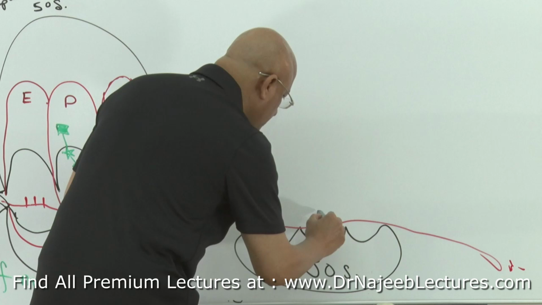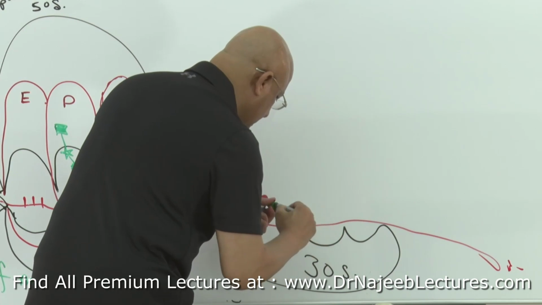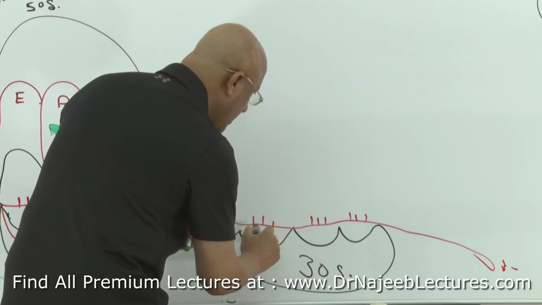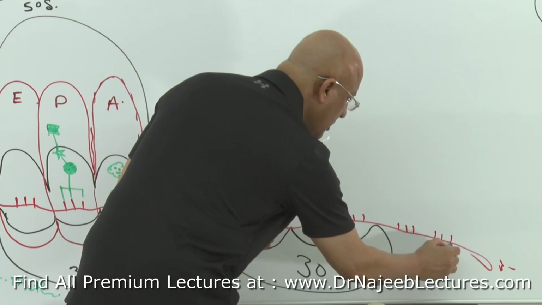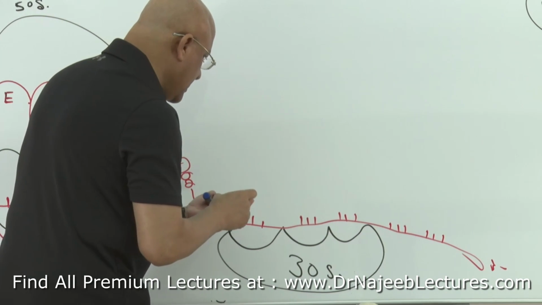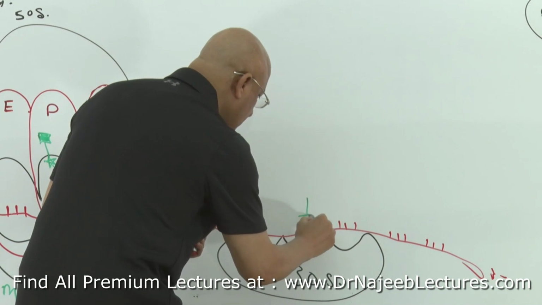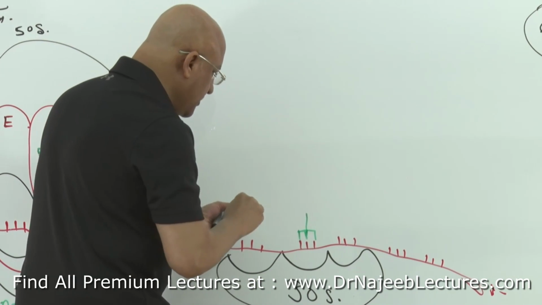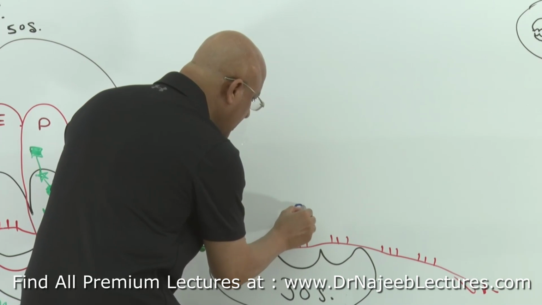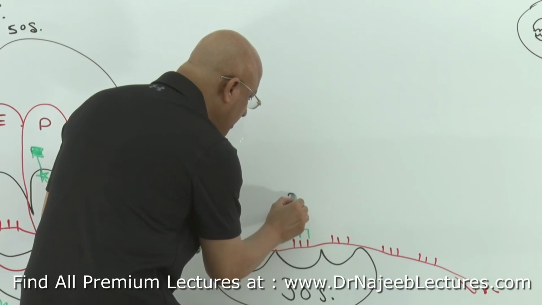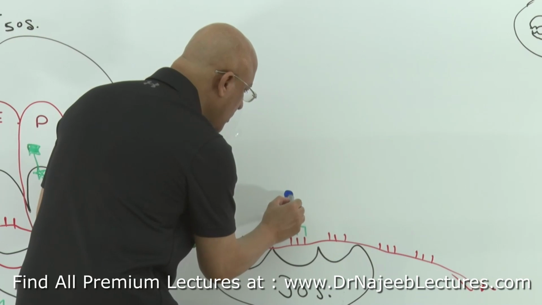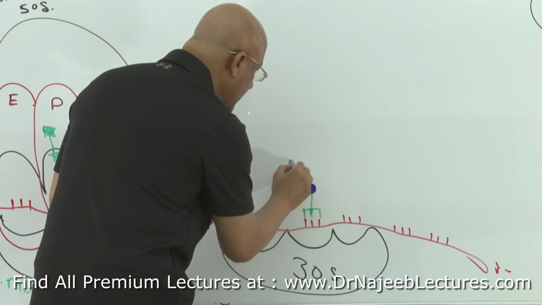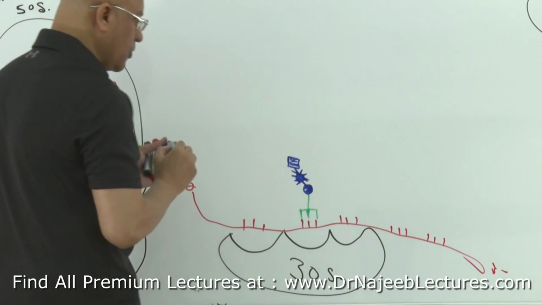So there is a codon here, and so and so forth. And what was here? Yes, the transfer RNA, which was having a recently formed polypeptide chain, right?